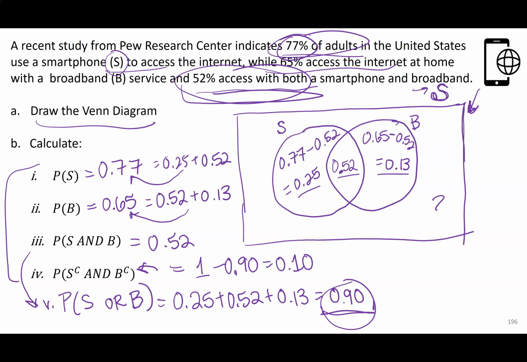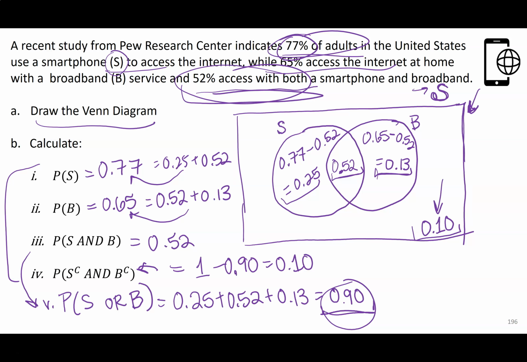So 10% of the U.S. adults do not have a smartphone or broadband. So then when you go to check, you add 0.25 plus 0.52 plus 0.13 plus 0.10. When you add those together, you should get 1. And now this Venn diagram is done.